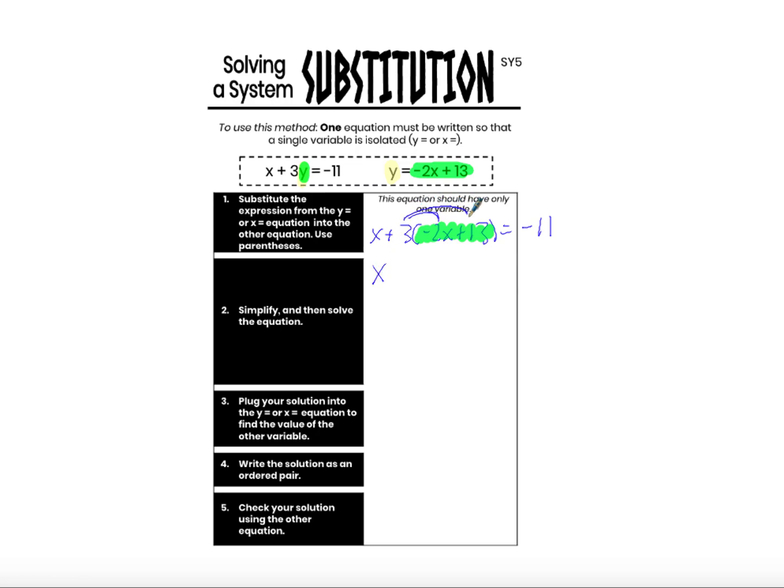Distributive property is used a ton in this strategy. So minus 6x plus 39 equals negative 11. Combining like terms, negative 5x plus 39 equals negative 11.